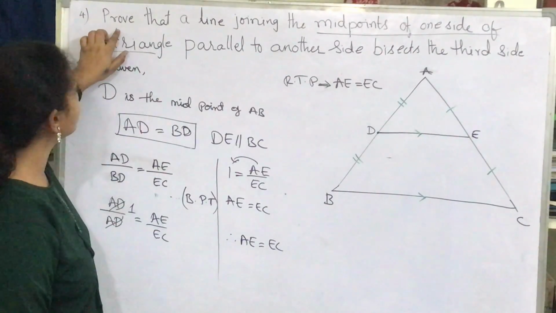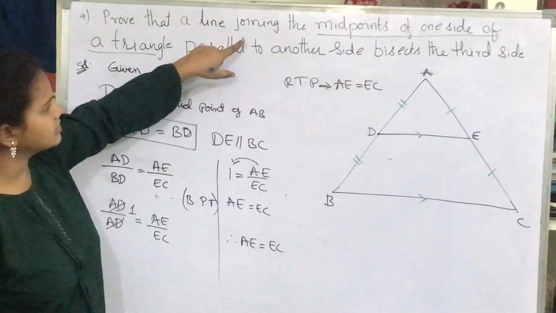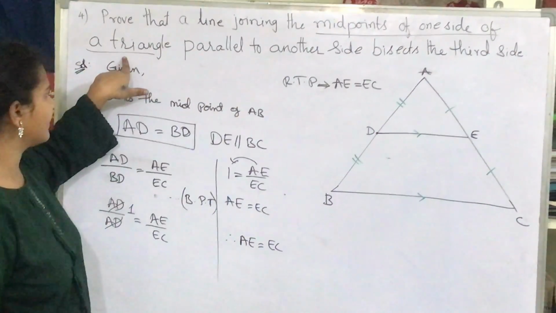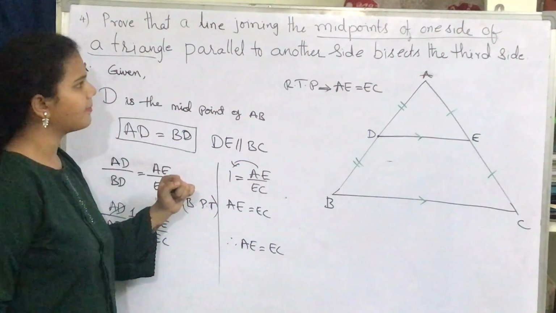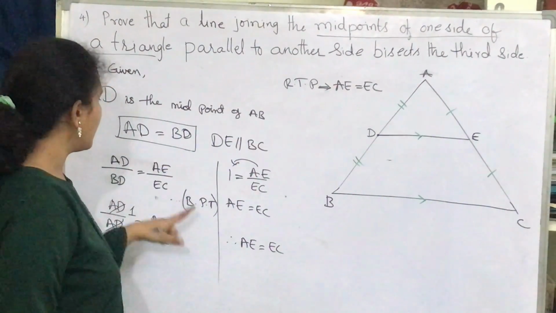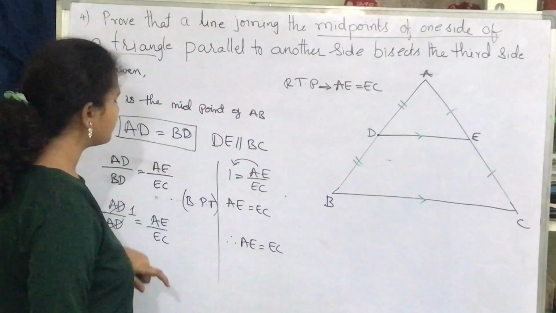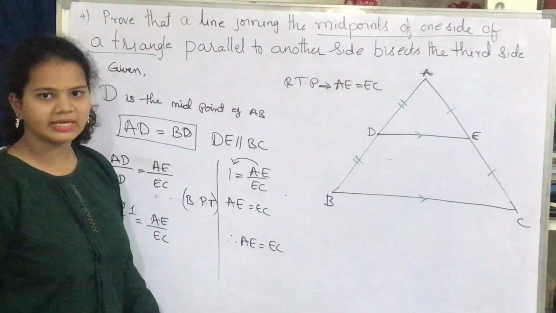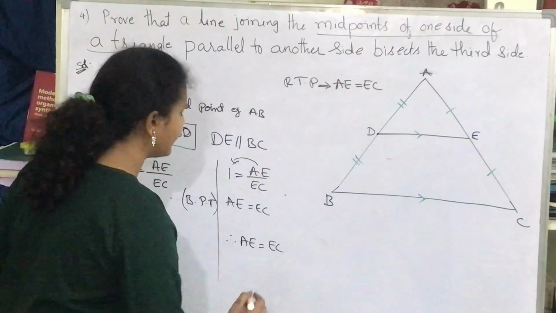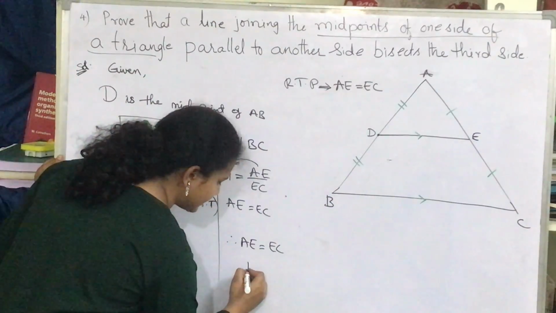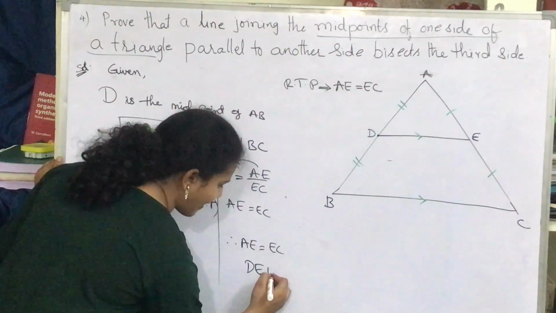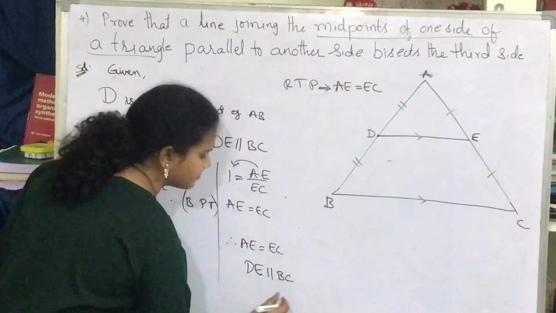Then what did we prove? That a line joining the midpoints of one side of a triangle parallel to another side bisects the third side. We know that here we got AD equals BD and AE equals EC. Then DE is parallel to BC, right?